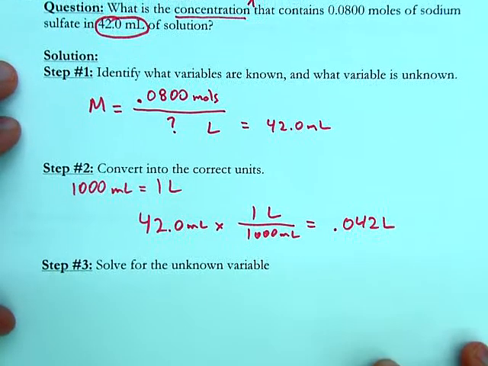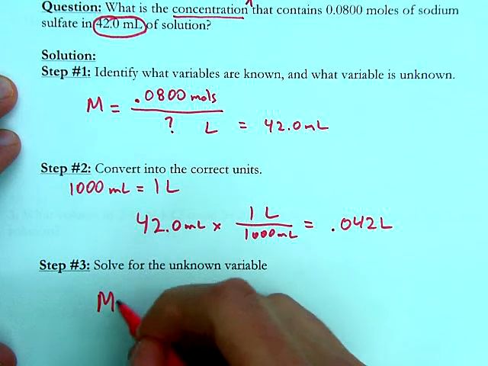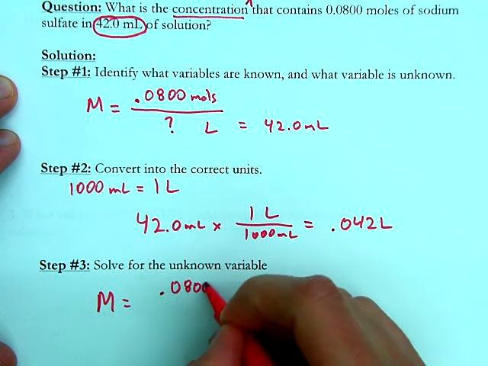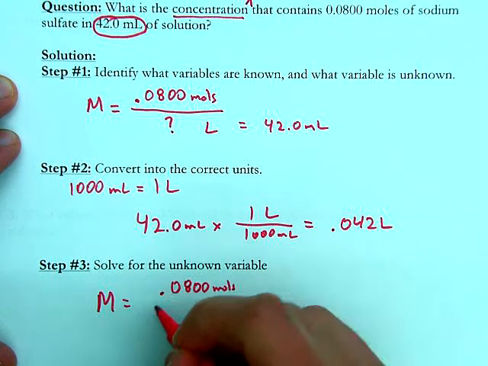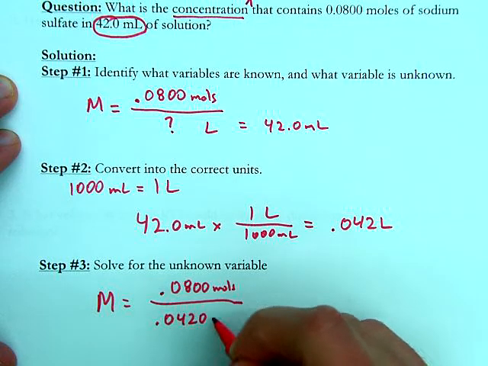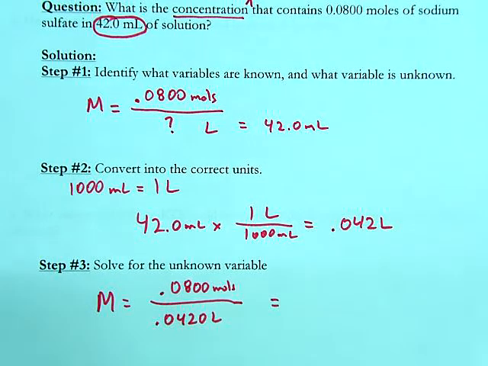Molarity is moles divided by liters. So molarity is going to be 0.0800 moles divided by 0.0420 liters, and we'll get our molarity.